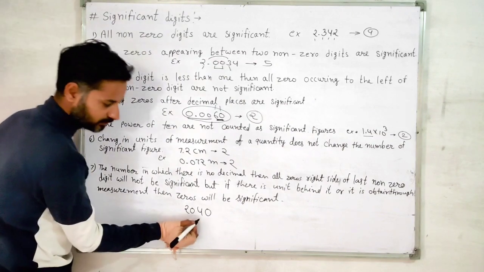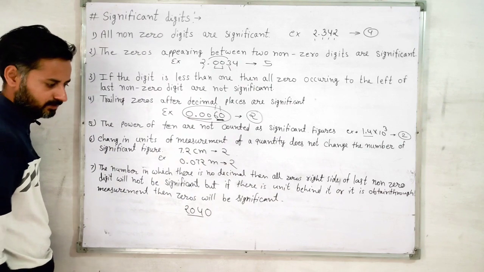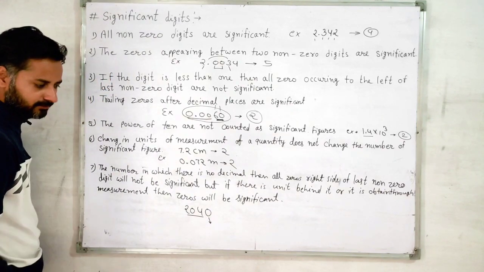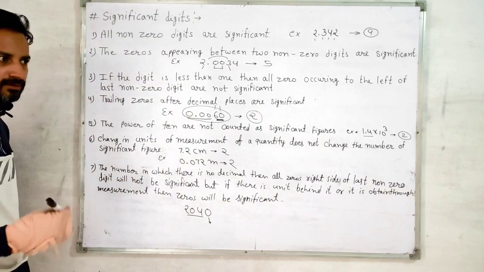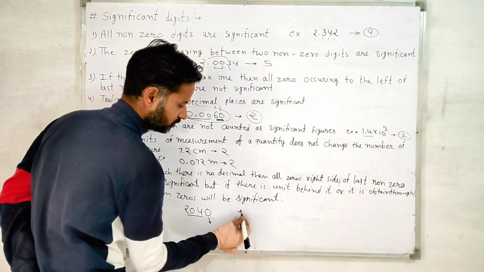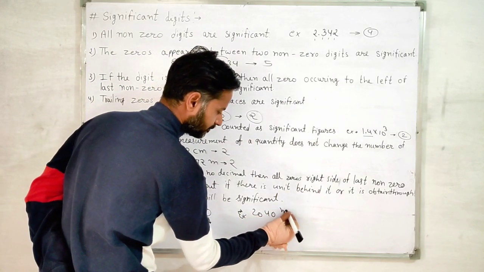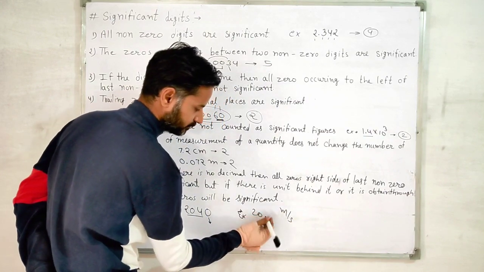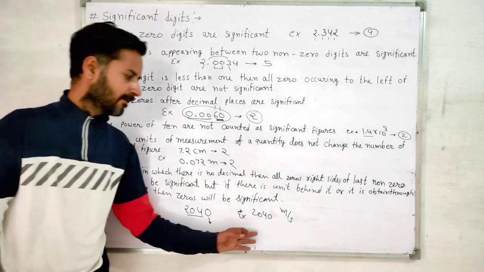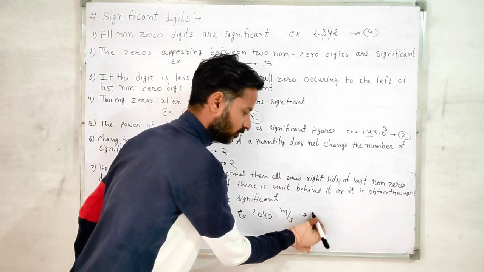In this case, we have three significant digits: 2, 0 and 4. This last 0 will not count as significant, but if this is obtained through a measurement, like 2040 meter per second, then in this case the significant digits will be 4.